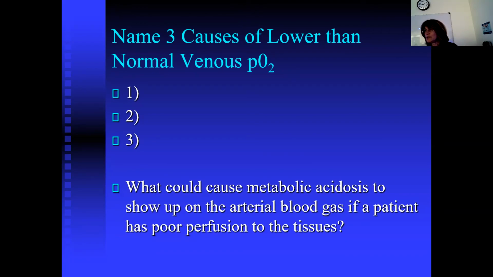You're not delivering enough blood to the tissues, so they take out more than normal amounts. Second one, if you start off with low amount of oxygen, so arterial hypoxemia. And the third one is low hemoglobin. So if you don't have the ability to carry that oxygen to the tissues, your venous O2 sats will be lower.